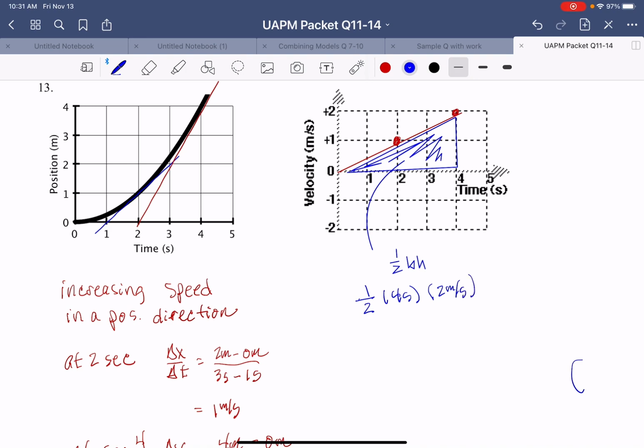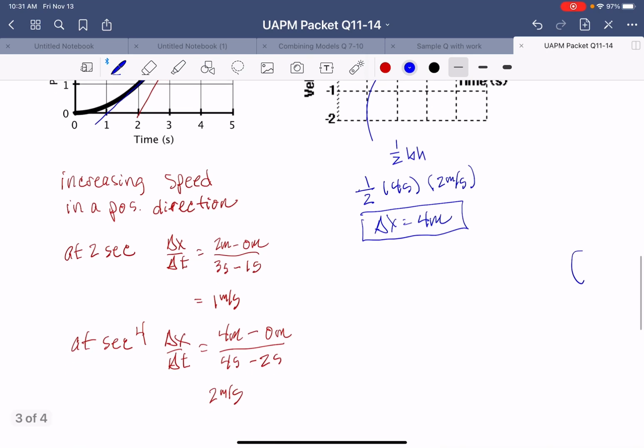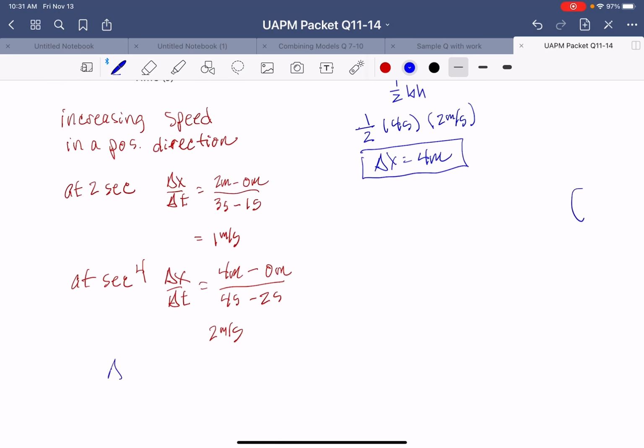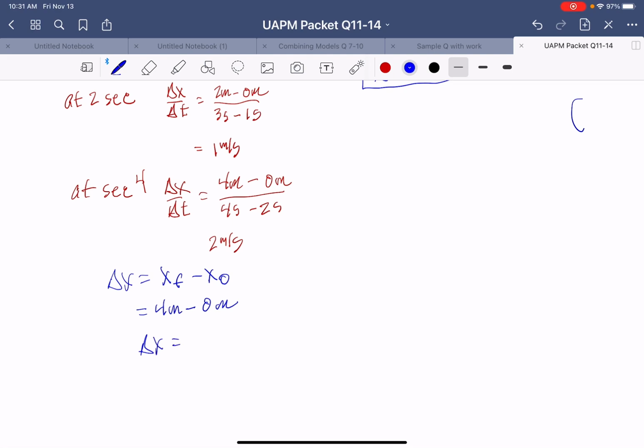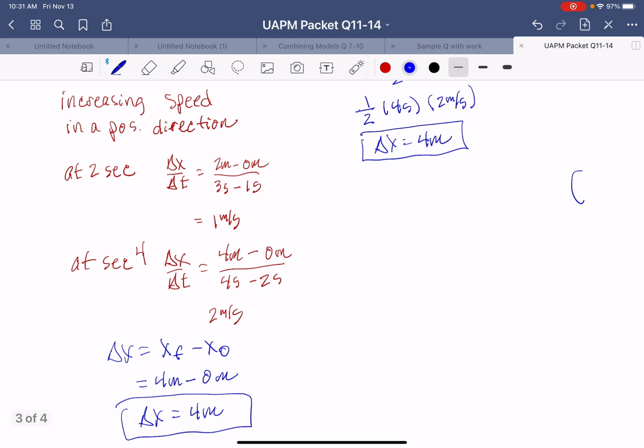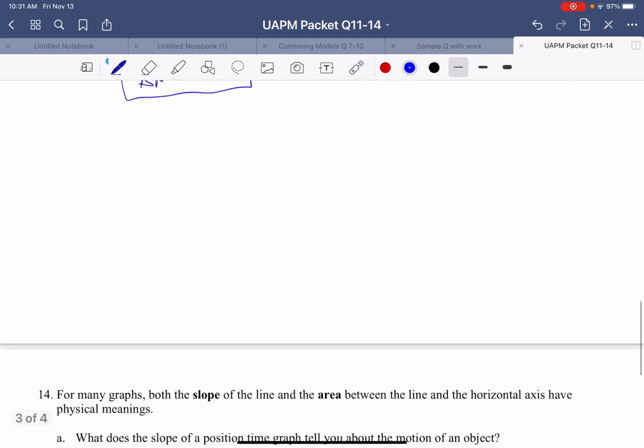So my displacement is 4 meters. Let's look at my position time graph. Remember my displacement is my final position minus my initial position. 4 meters minus 0 meters. So my displacement is 4 meters. So again, my displacement is the same. It's the same motion, different representations.